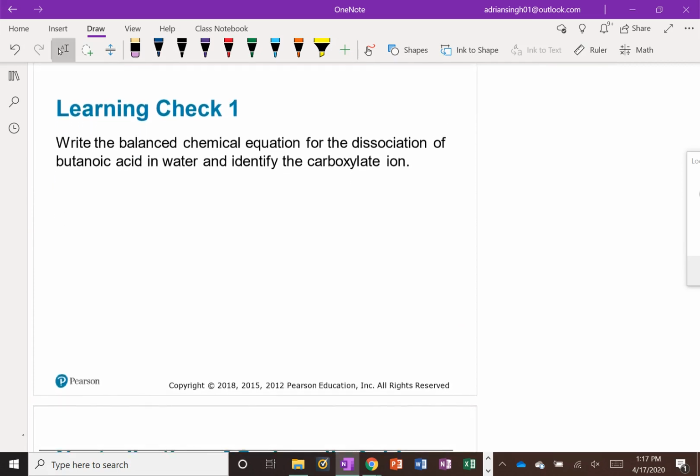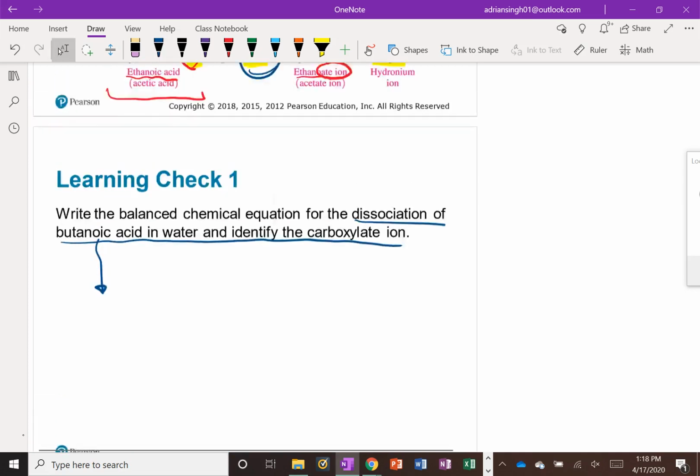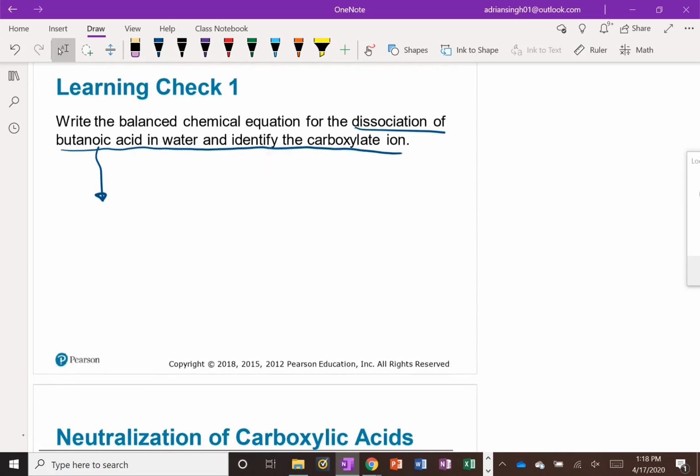So we can practice that here. Let's write a balanced equation for the dissociation of butanoic acid in water, and we're going to identify the carboxylate ion. So butanoic acid is 4 carbons. All right, so but, so 1, 2, 3, 4.